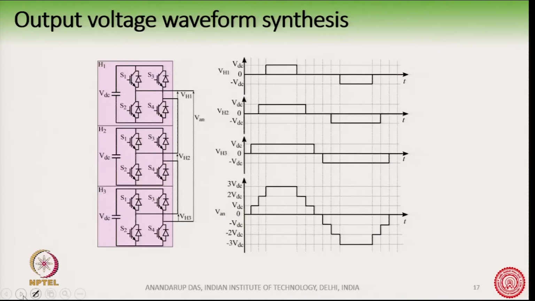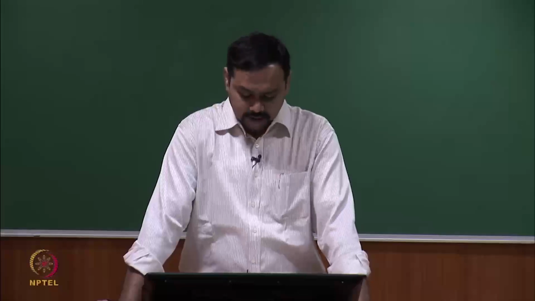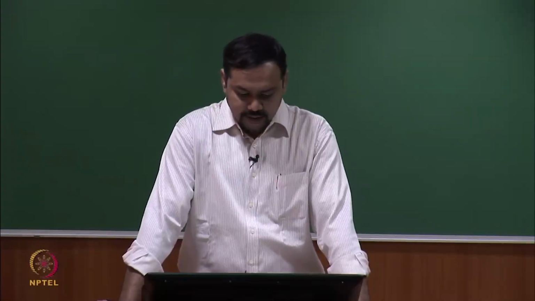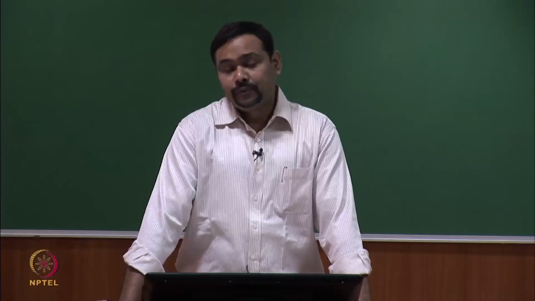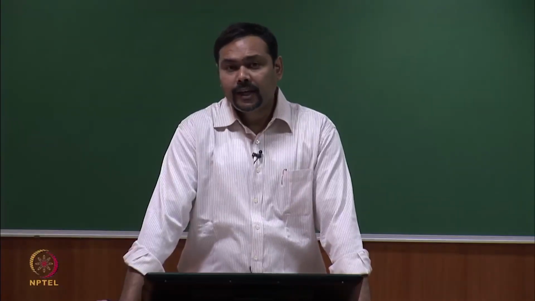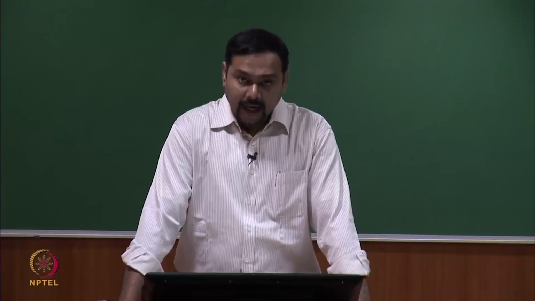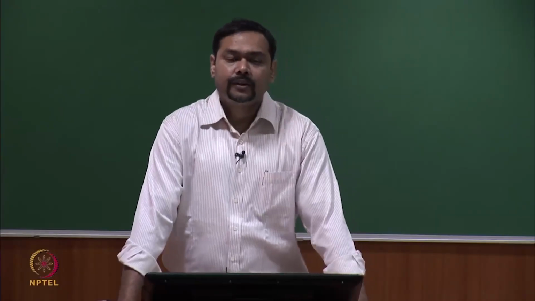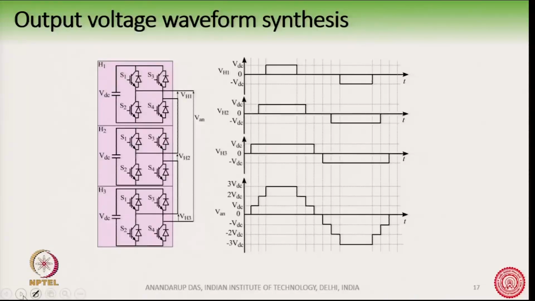Now, we have understood that it is possible to cascade the output voltages of this H bridge. So, how do we get a higher voltage waveform? This higher voltage waveform is shown in this 3 cell CHB version.